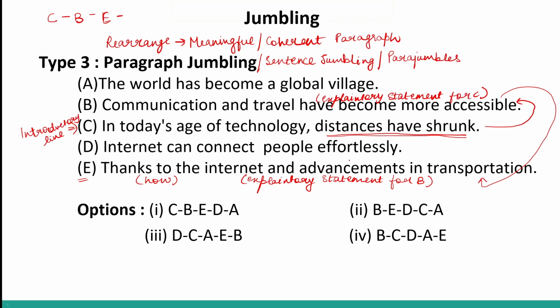Now, the internet can connect people effortlessly, and the world has become a global village. These two are remaining, D and A. I can see that "the world has become a global village" is not related to any of these four sentences. It is sort of like a summary or concluding statement.